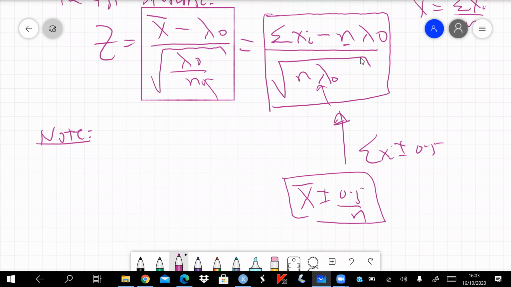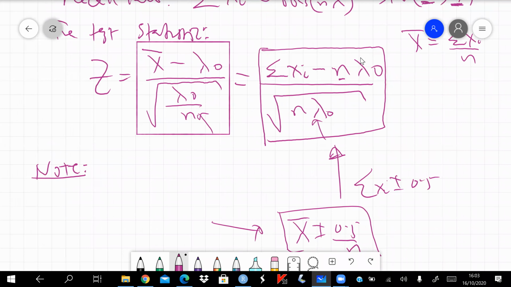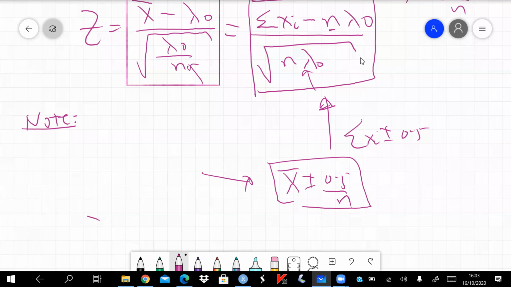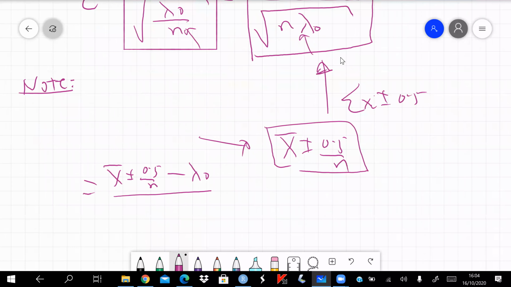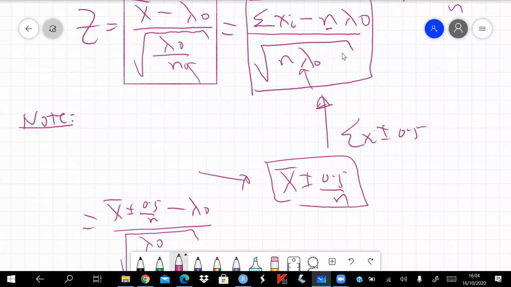Okay. So please note about the correction factor, when we are working with the first one, let me just put it. You're going to have x bar plus or minus 0.5 over n, minus lambda naught, divided by the square root of lambda naught divided by n.